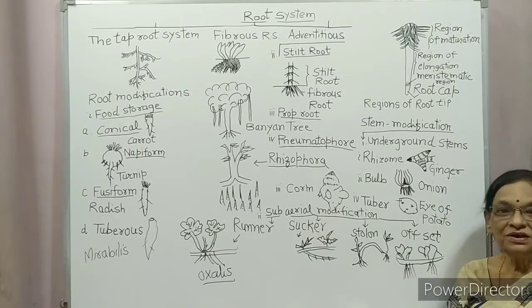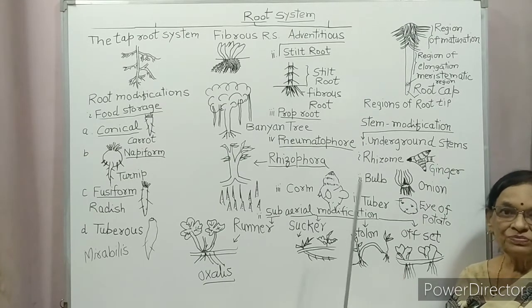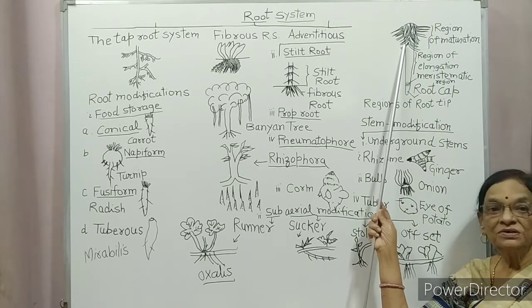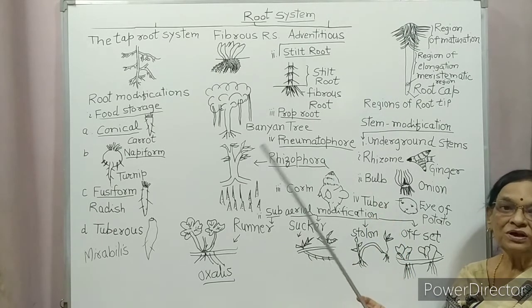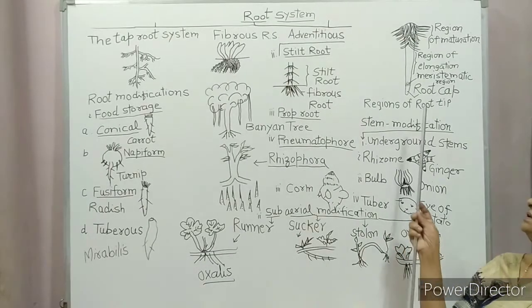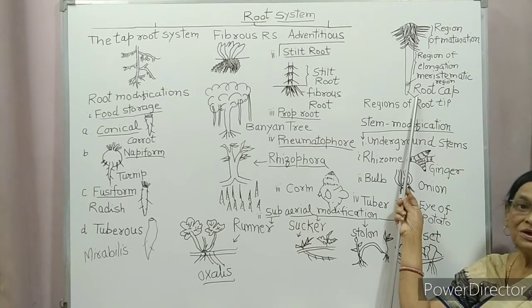From this region, the lateral root hairs arise. So the region of maturation gives rise to the root hair after differentiation. So a root has four regions. Which four regions? First is root cap. It is replaced by root pocket in aquatic plants.